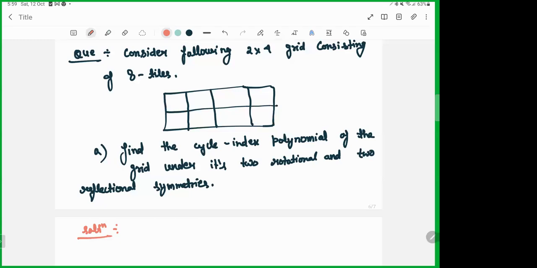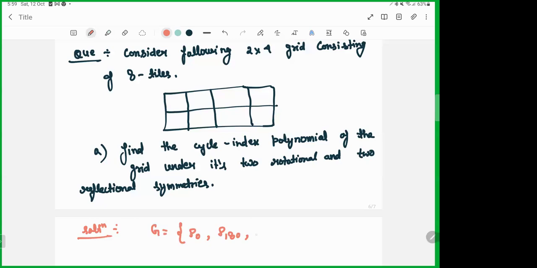Each element of the group is represented by a term in the polynomial. First, we need to write the group. What is the group exactly? It will have an identity, which is basically rotation by 0 degrees. Then you have rotation by 180 degrees.